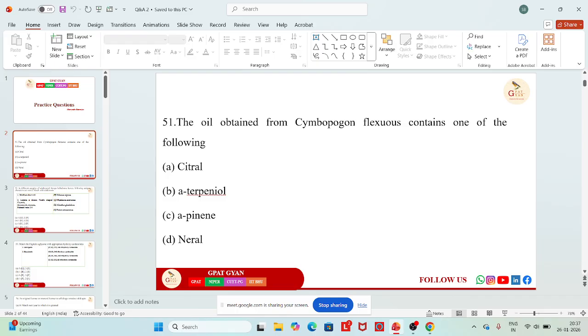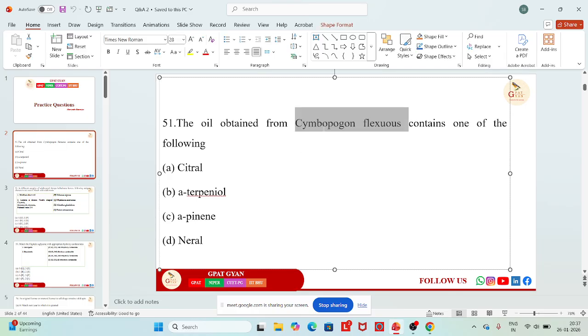So, first is the oil obtained from Cymbopogon flexuosus contains one of the following. So, oil is the volatile oil. So, it is clearly from the terpenoid chapter. The question is coming. So, what was Cymbopogon?